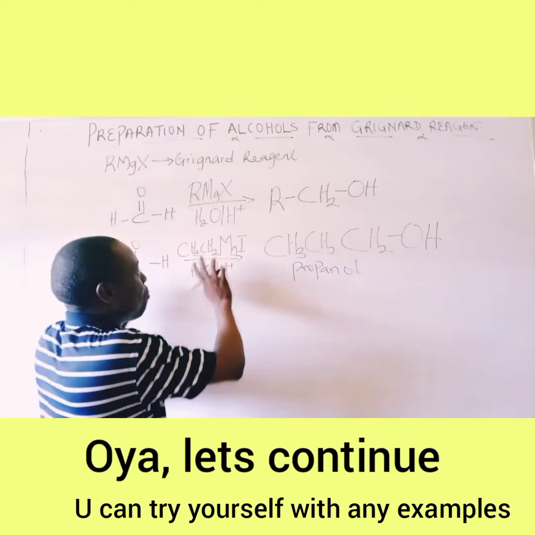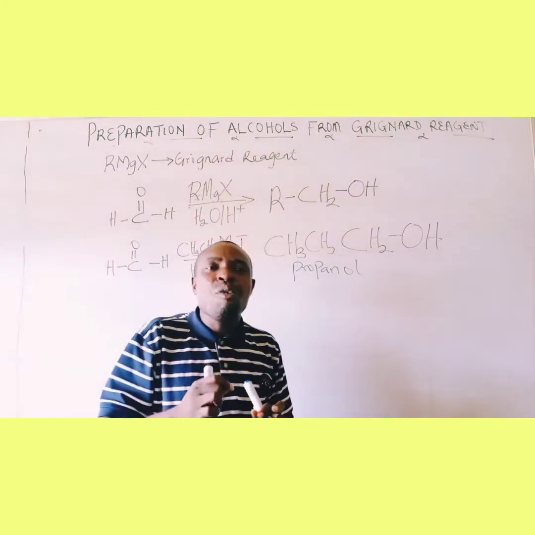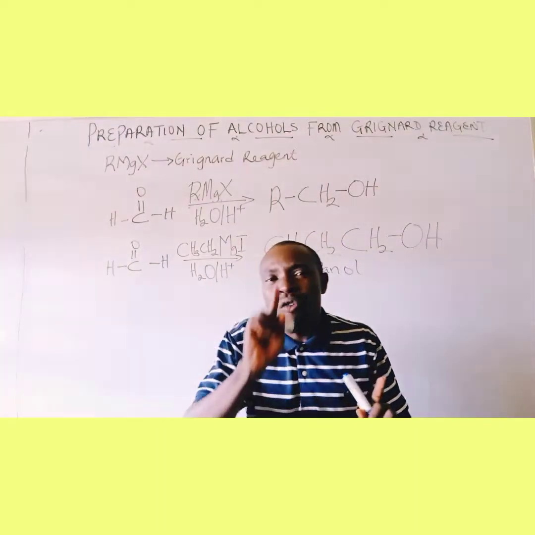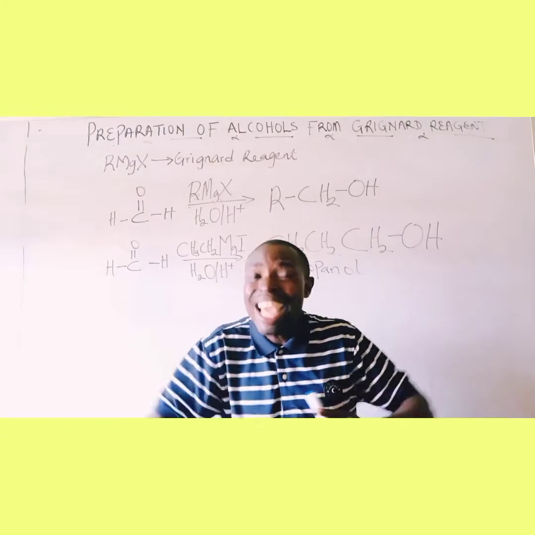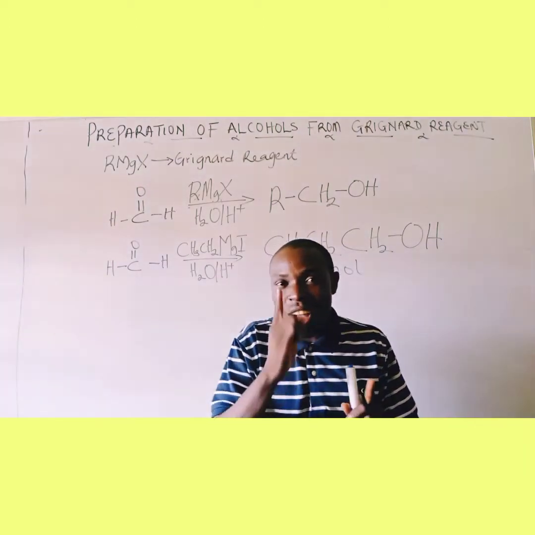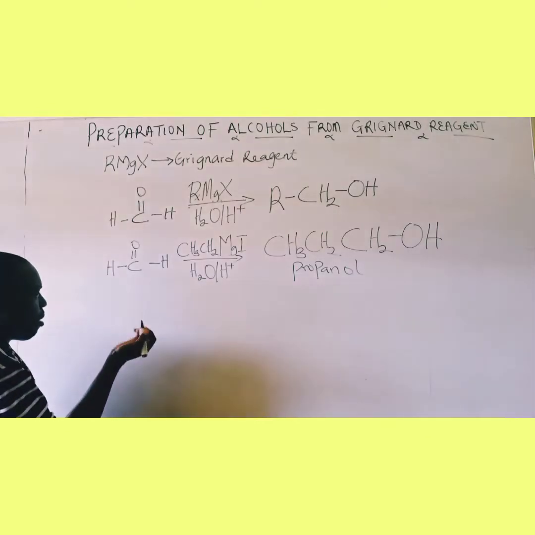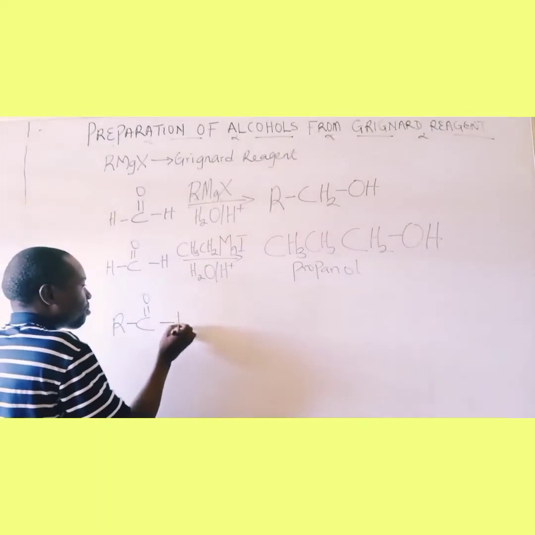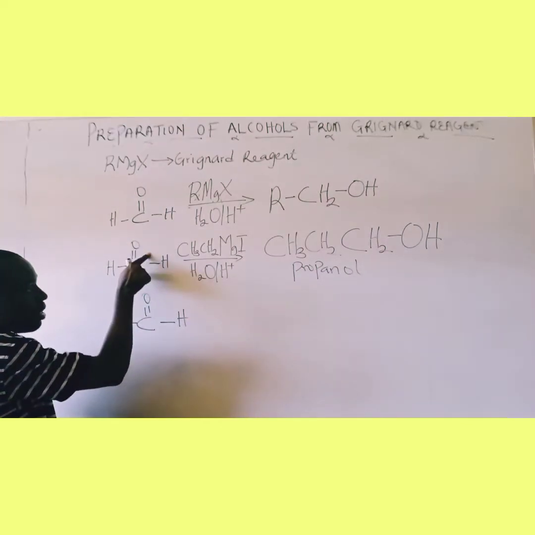Now this is for the primary alcohol from the Grignard reagent. I told you earlier that when a Grignard reagent reacts with any other member of the alkanal, starting from ethanal, propanal, butanal, any other member outside methanal, we get a secondary alcohol. Please do not forget. Look at how simple it is. If I'm having a given illustration like this, this is any other member aside from methanal.